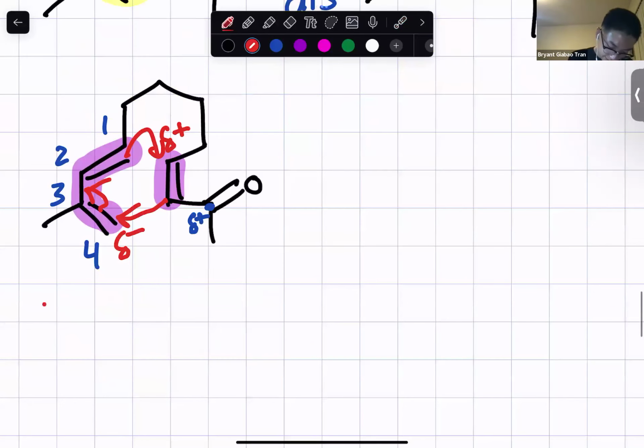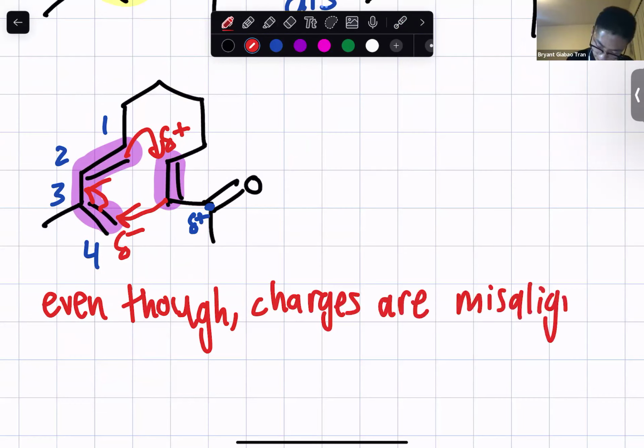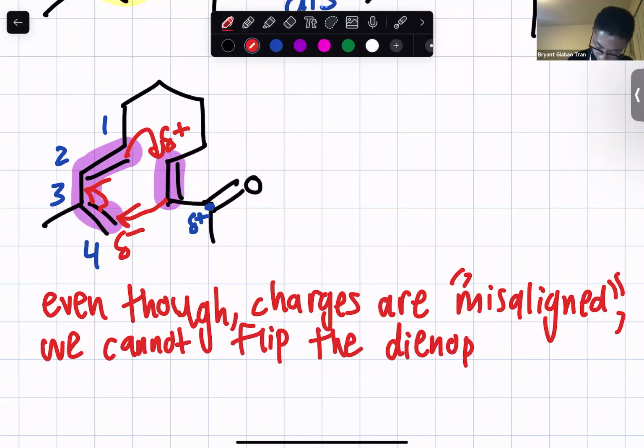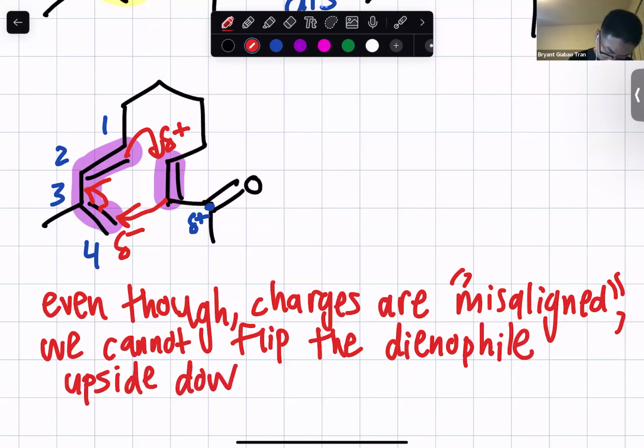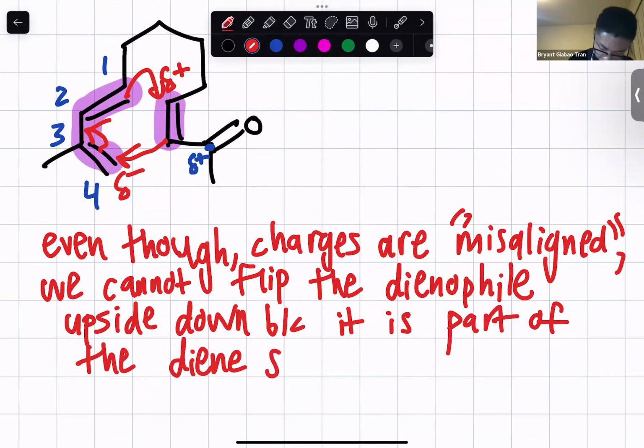So this is a weird example where even though the charges are misaligned, we cannot flip the dienophile, which is the one I usually flip, upside down, because it is part of the diene structure.